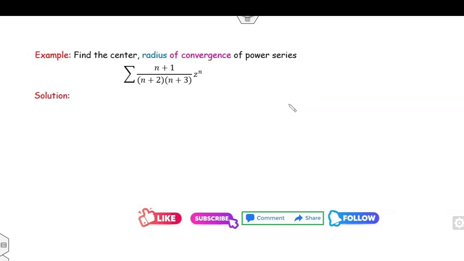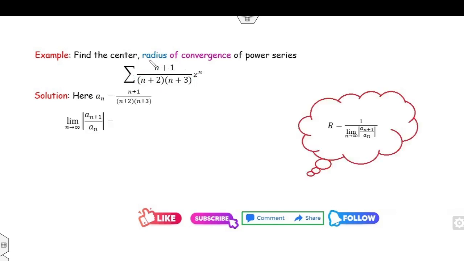Okay, look at this next question. Again, can you find the value of a_n? a_n will be this quantity. Fine. Now I can find the value of r. So can you find the limit as n approaches infinity of a_(n+1) over a_n?